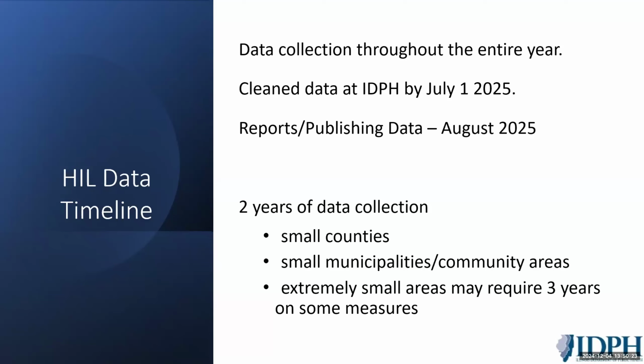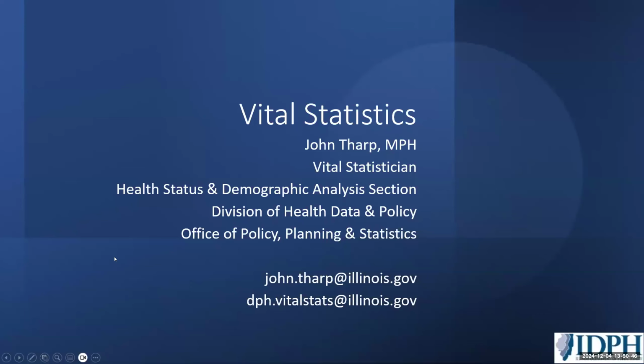The Healthy Illinois survey isn't going to fix everything with data collection. Some of the extremely small geographies may require 3 years on the health measures. And these would be the geographies, you know, way less than 10,000 population. It's just an issue with sampling. And I think that is my last slide.